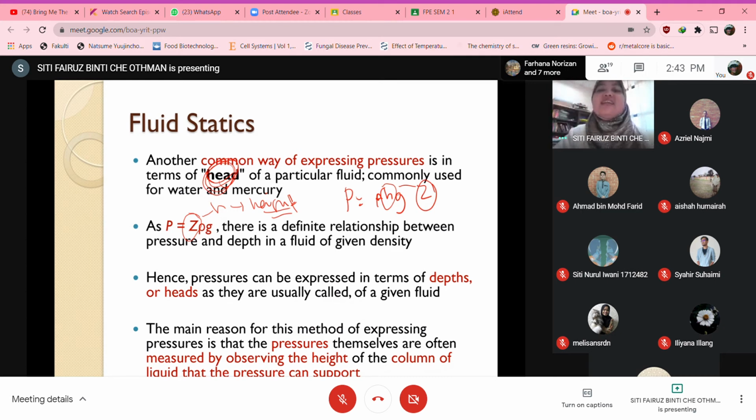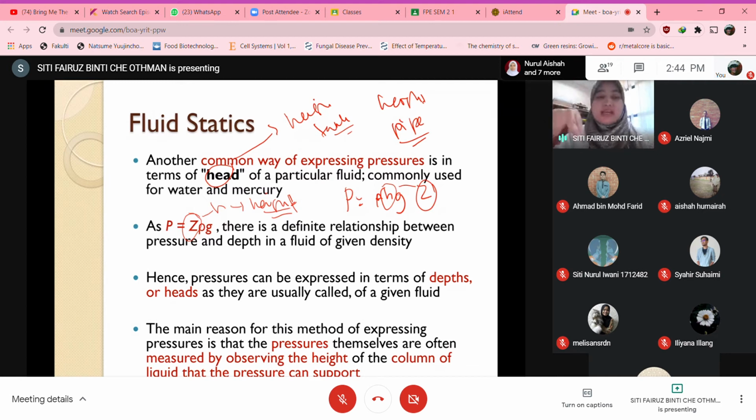So usually kalau engineer tu they will actually use the term head. Kalau diorang discuss pasal head ni, you tahu they are discussing about the height of the tank ke, the height of the pipe ke, macam tu. So when they start to use the term head interchangeably, you tahu they are discussing about the depth atau the height.